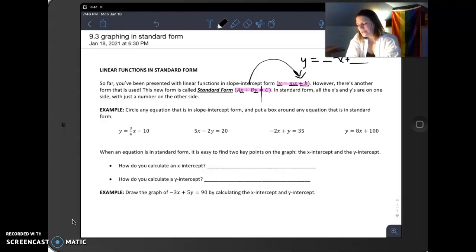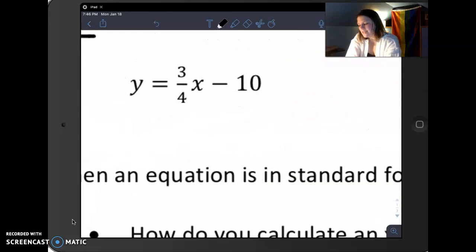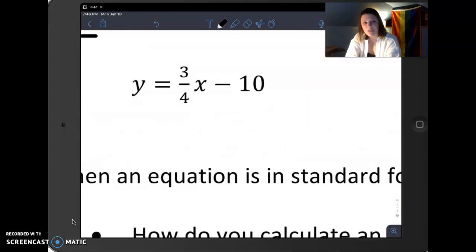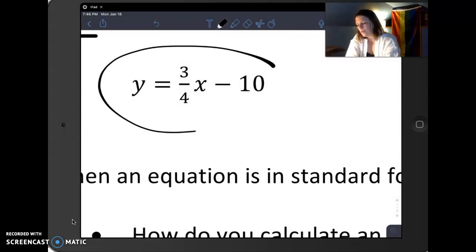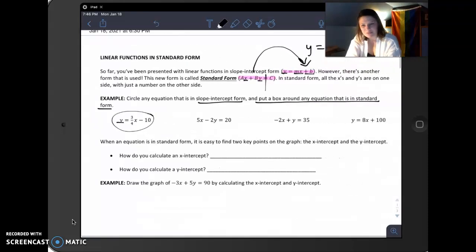The first thing we're going to do is go through this example and circle which equations are in slope-intercept form, and then put a box around equations that are in standard form. Looking here, this first one is in slope-intercept form, or y equals mx plus b, because our y is alone on one side. Pretty simple.